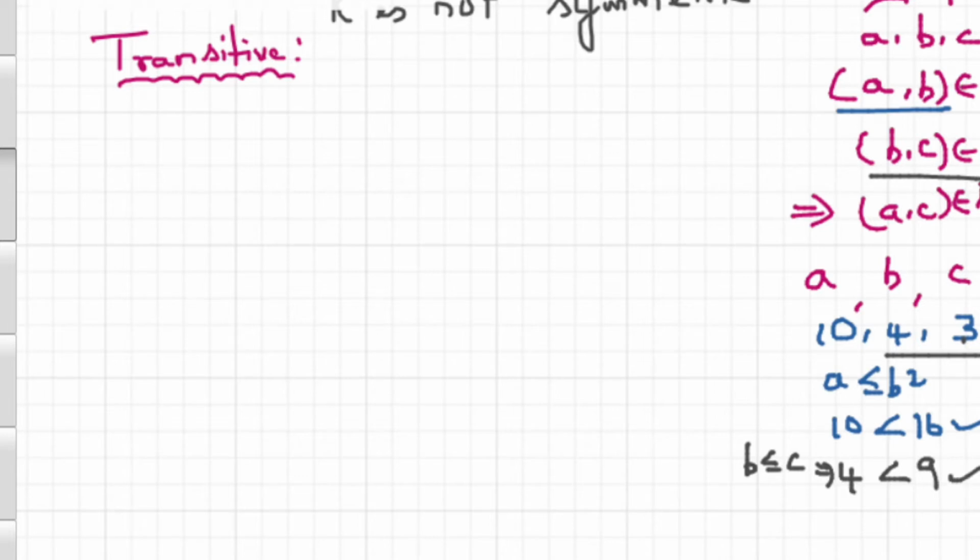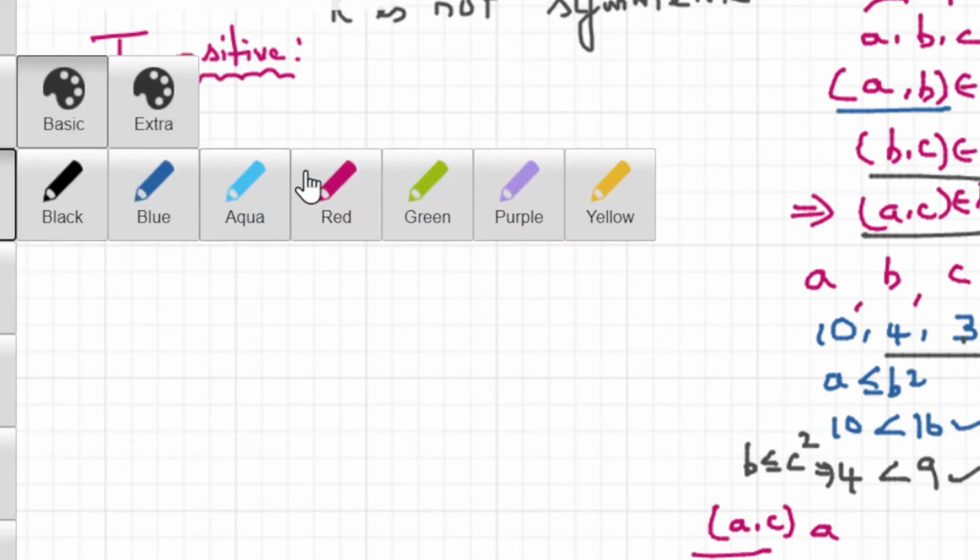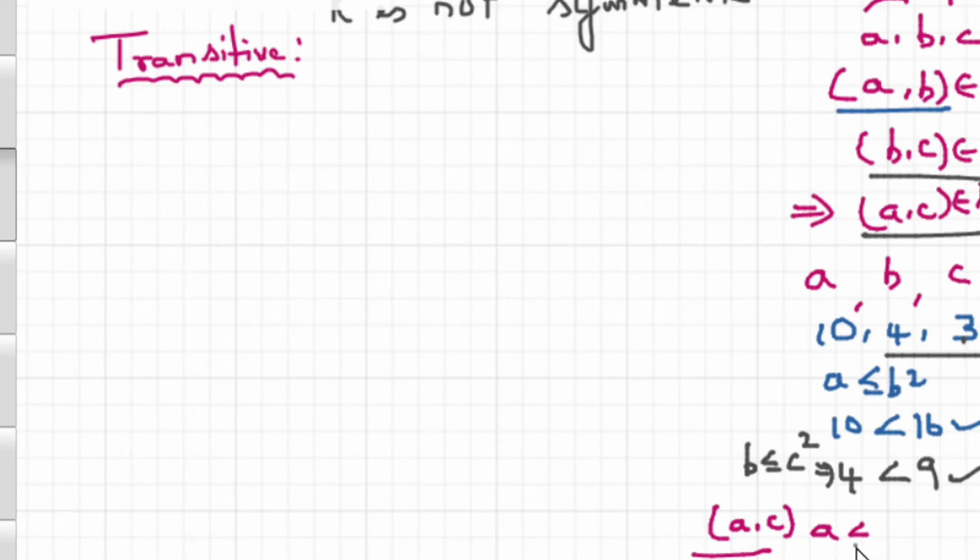This condition is also satisfied. Now we want to check for (a, c): we want to prove a is less than or equal to c squared.